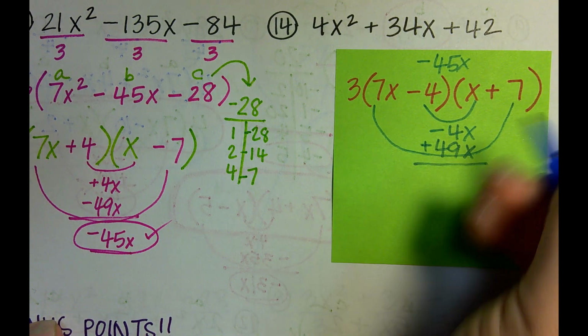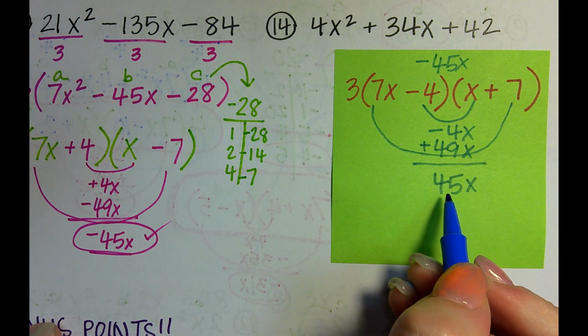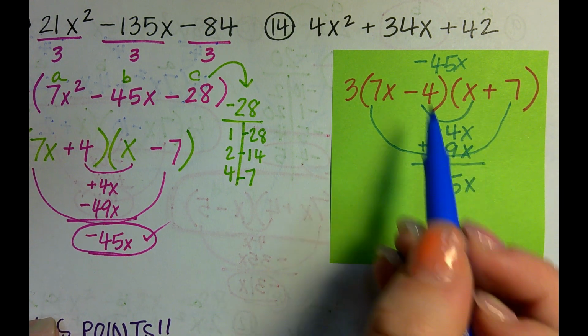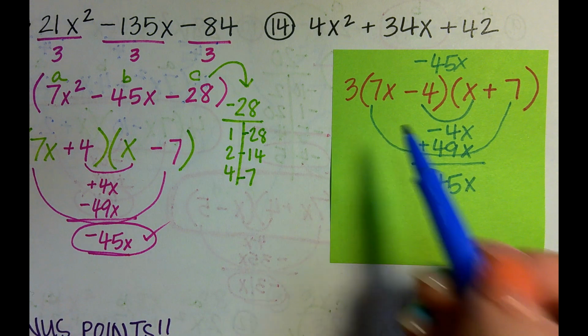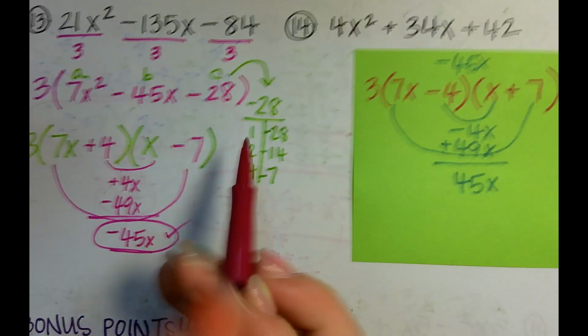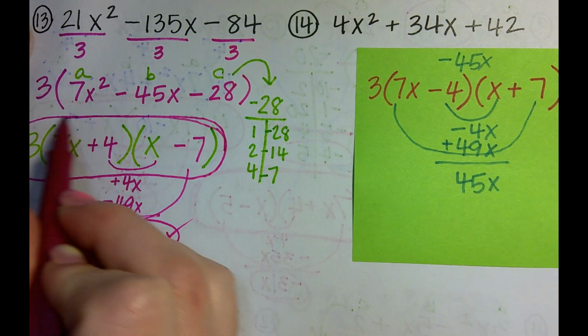When we add them together, we do get 45x, but we need negative 45x. So we would just switch the signs, keep the numbers. Perfect. Okay, so this would be our answer, and we circle it.